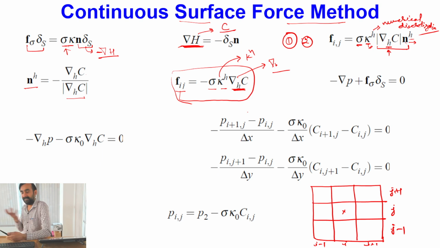As it is stationary, no gradient is there, so ultimately my viscous force will also be 0. Now, if you take any physical scenario of a drop or bubble present in a surrounding fluid, then if it's a drop, you will find it falling in the downward direction. If it's a bubble, it will be rising in the upward direction. In order to make them completely stationary, we have to remove the gravity term from our modeling approach.